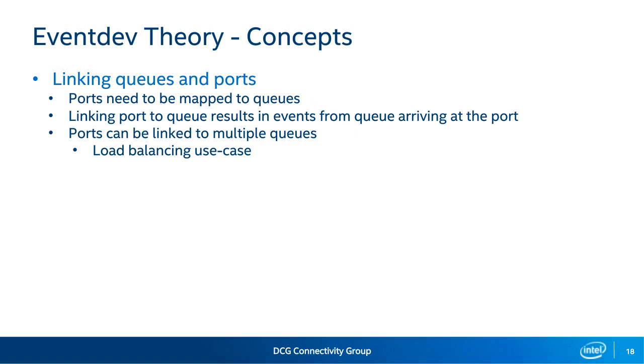Linking queues and ports is what maps what is waiting in one particular queue to any of the available ports. The ports can be linked to multiple queues. Initially, you may have a setup like what the orange lines show.